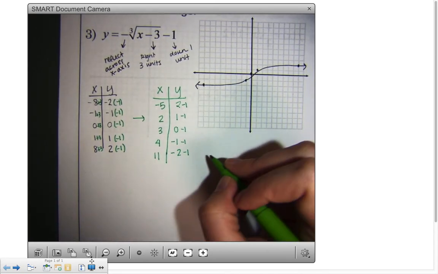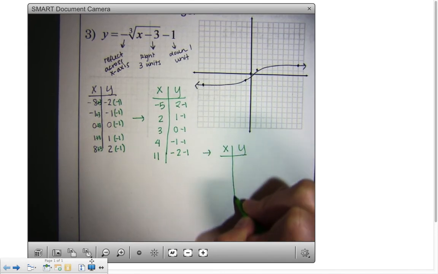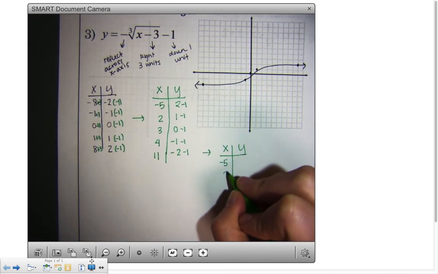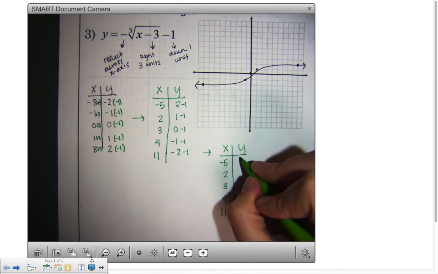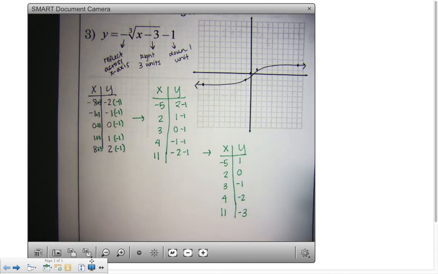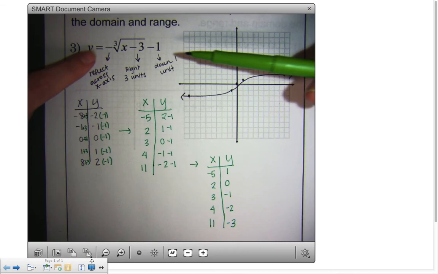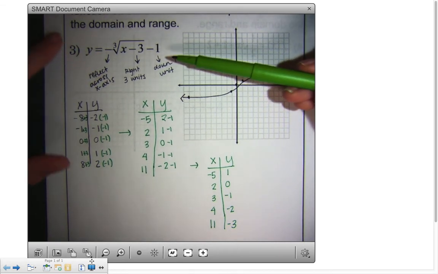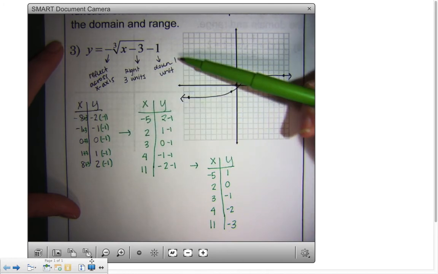So I'll make one more table. So when you have an a value and a k value, you need to multiply by a first, then take care of the k value.